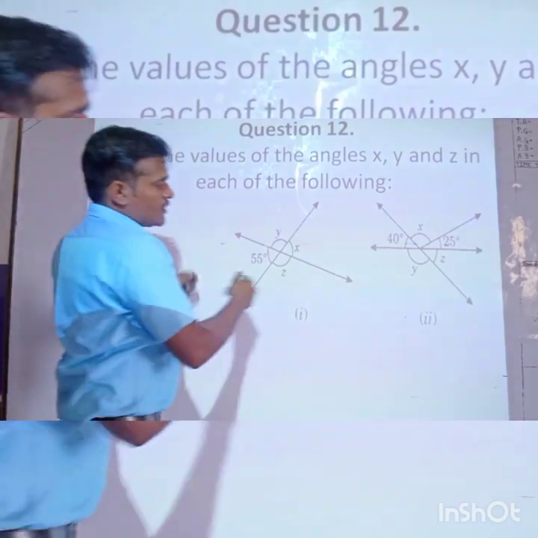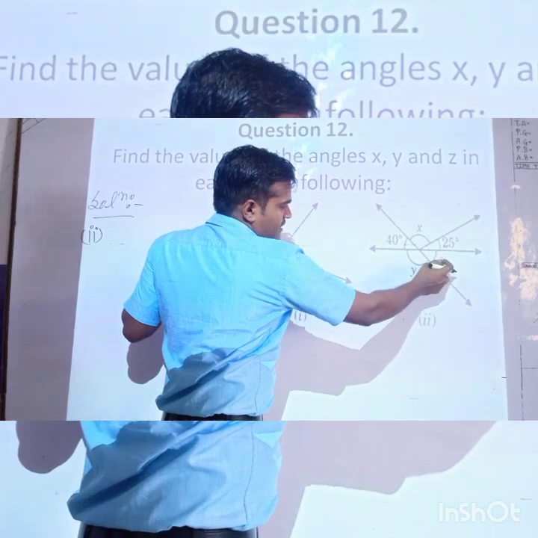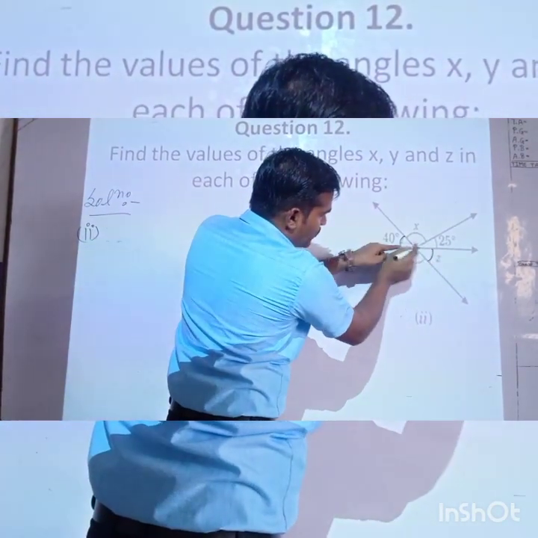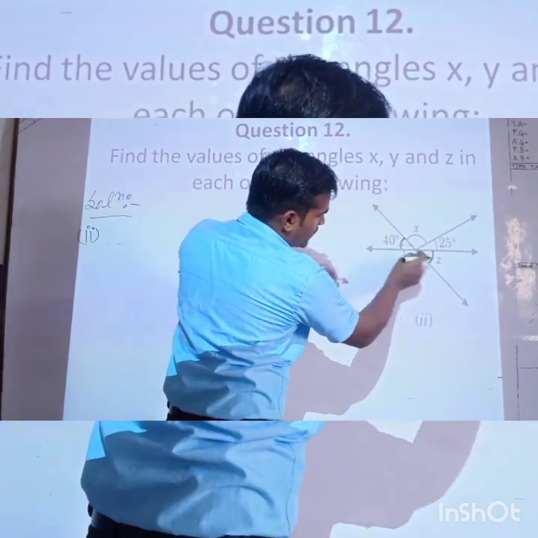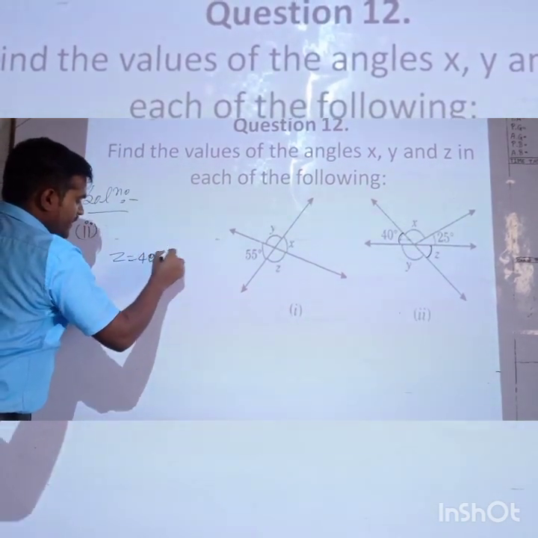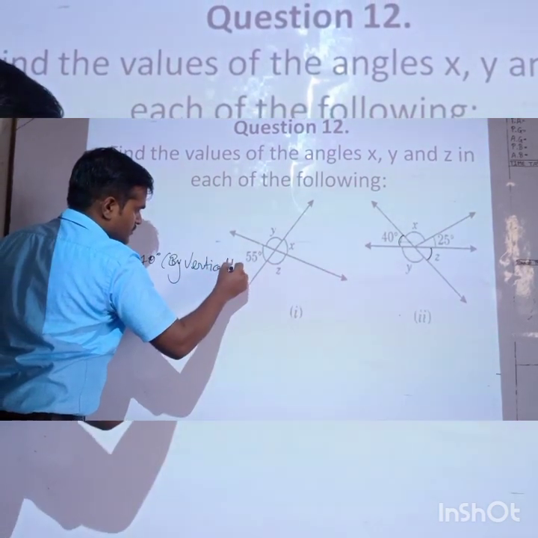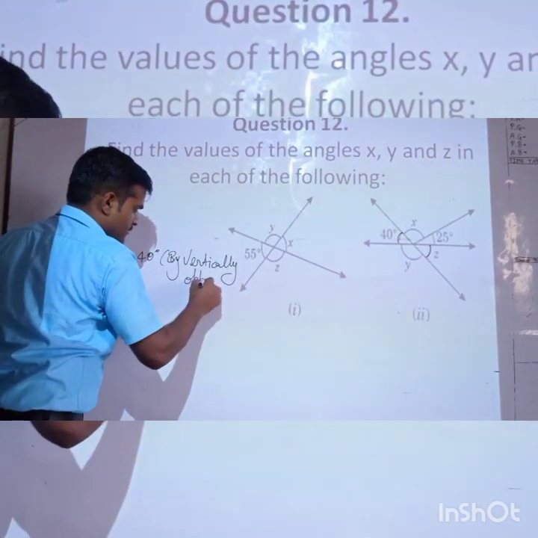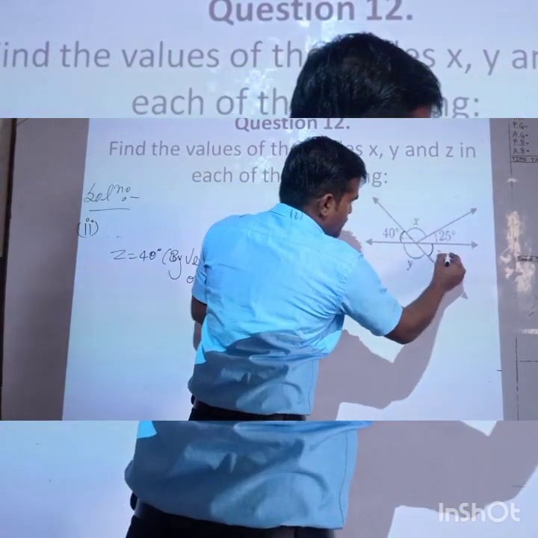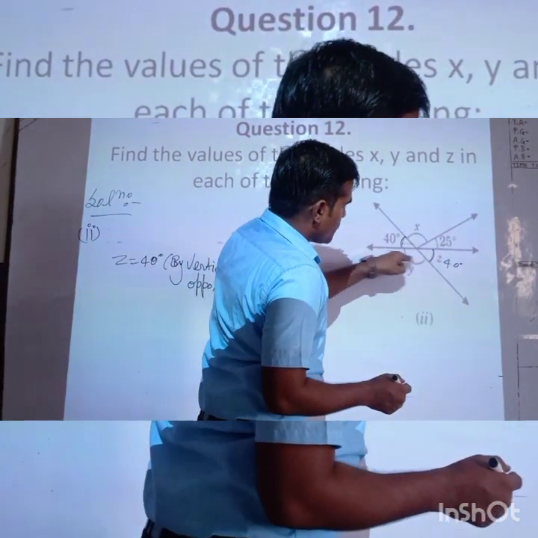In the second one, here you have 40 degree, x, 25 degree, z and y. Since z and 40 degree are vertically opposite angles, what is the value of z? You have to write there z is equal to 40 degree by vertically opposite angles. Now z and y are a linear pair.